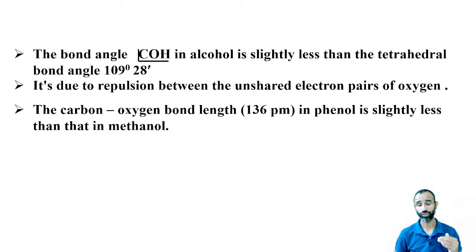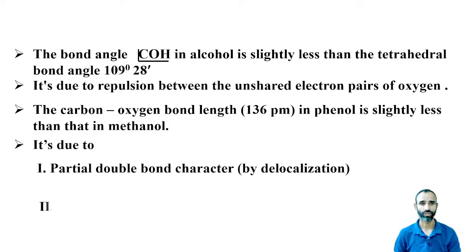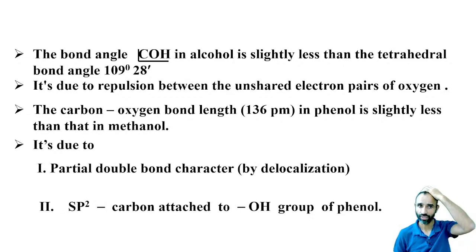And C-O bond length in phenol is slightly less than in alcohols, because in phenol, there is resonance, so C-O bond has double bond character, right? So there is partial double bond character, and sp2 hybridized carbon is attached to OH group of the phenol.